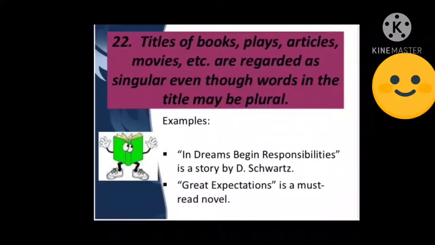It appears to be plural, but it is always singular in sense. So, is a story by Delmore Schwartz. Great Expectations. So, this is the title of a book, do not misunderstand that as a plural subject. If you misunderstand, you may go wrong. So, is a must-read novel.